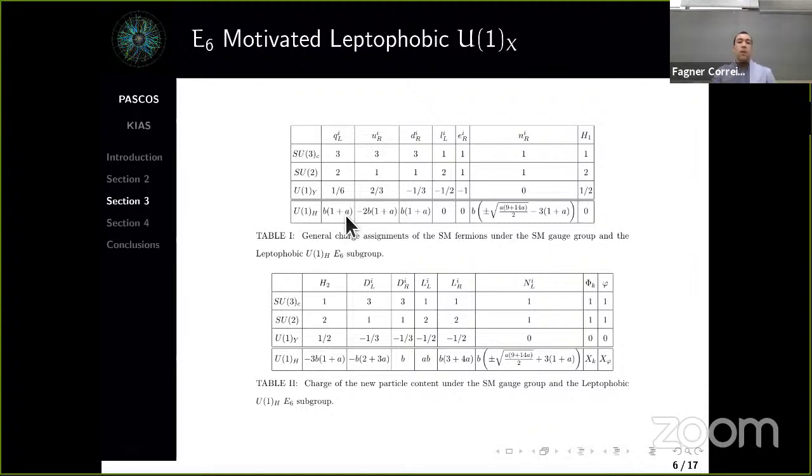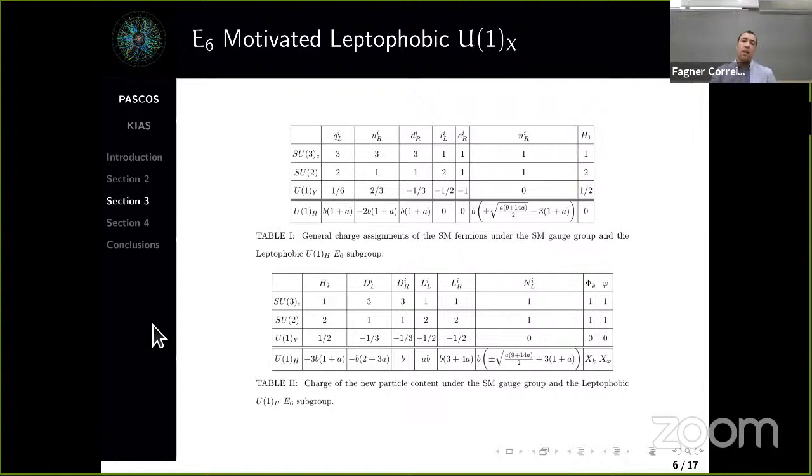And we have this parameter A, which is the parameter that allows us to distinguish between two different models. Why? Because what is physical in these charges is the ratio between the charges of two different Fermi representations. So just remember that we have this parameter A that defines a specific model.